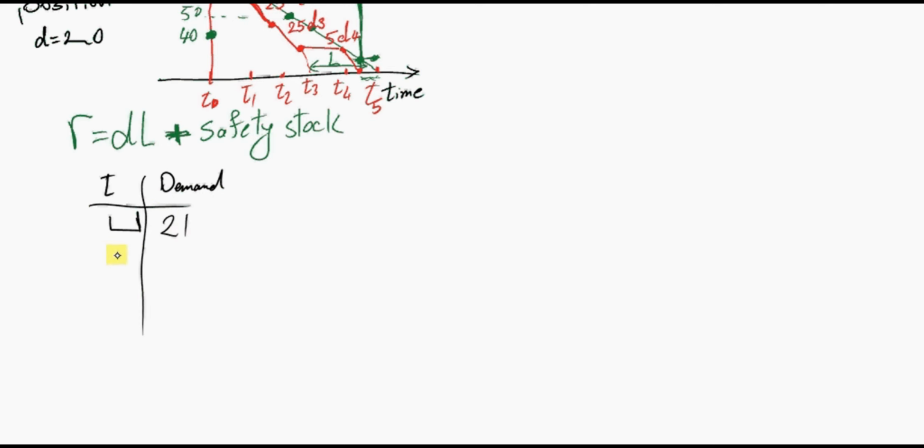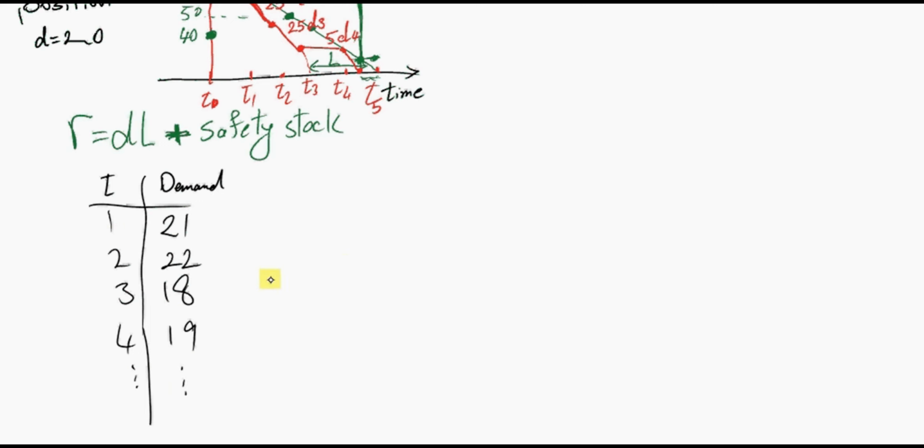At time 2 we observed a demand of 22 units. At time 3 a demand of 18. At time 4 a demand of 19, and so forth.